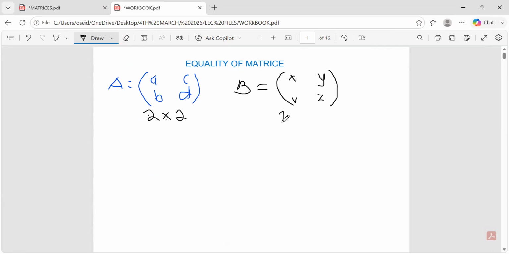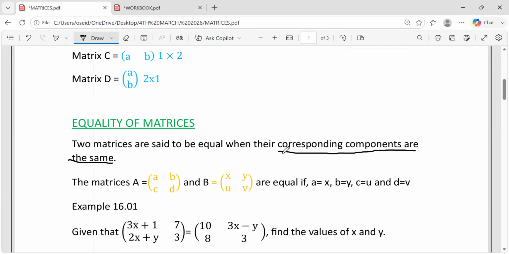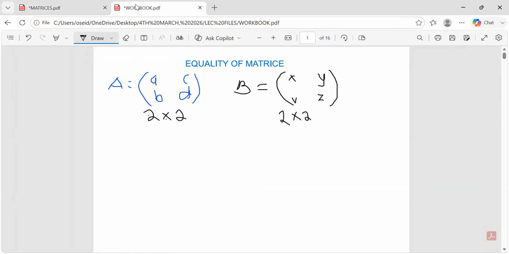Then matrix B also is a 2 by 2 matrix. So this satisfies the statement that corresponding components are the same. Yes, they are the same because matrix A has 2 rows, 2 columns, and matrix B also has 2 rows, 2 columns.